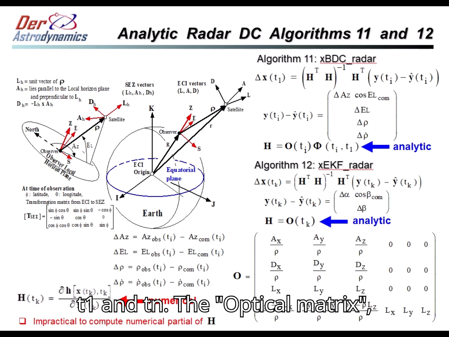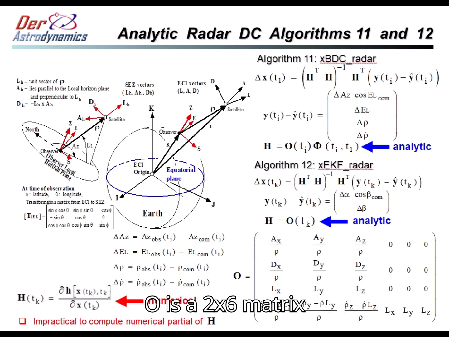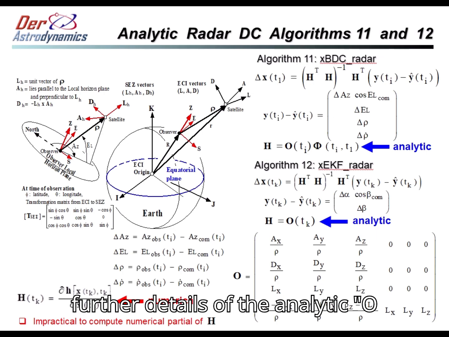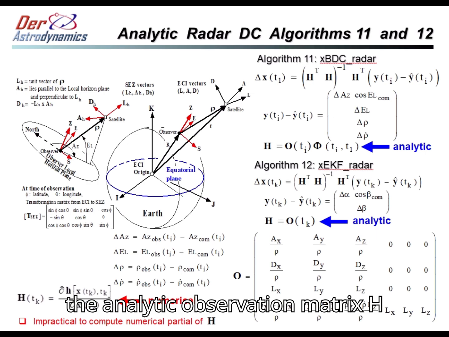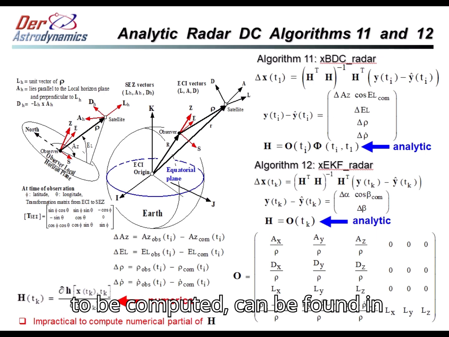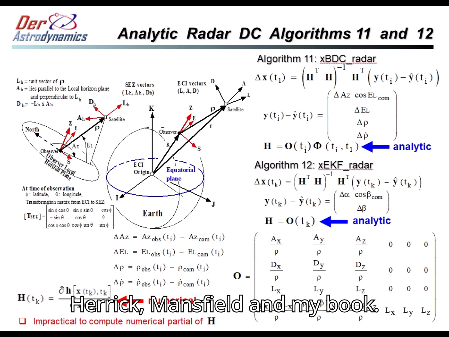The optical matrix O is a 2x6 matrix for optical DC and expanded to a 4x6 matrix for radar DC. Again, further details of the analytic optical matrix O Ti or O Tk, which allows the analytic observation matrix H to be computed, can be found in Herrick, Mansfield, and my book.